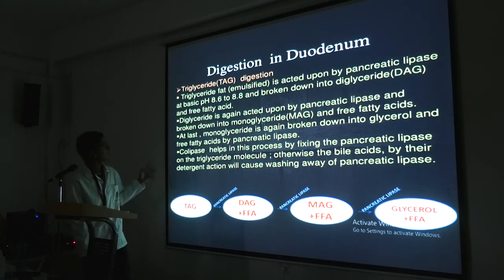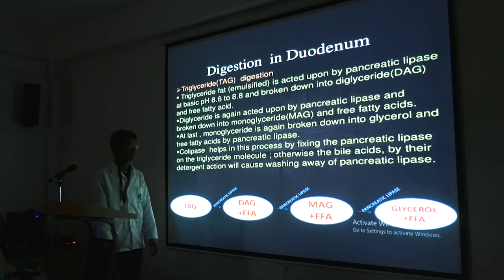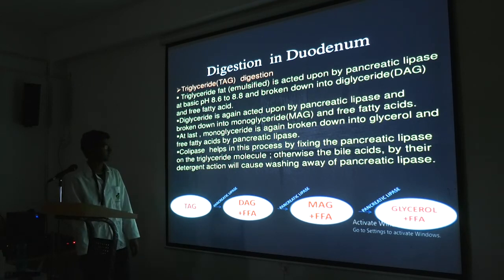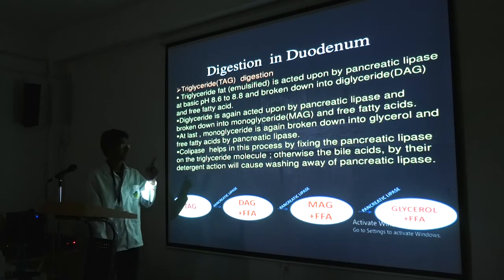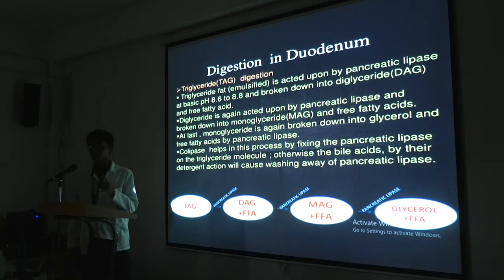We will see the complete mechanism in the next slide. There is also an enzyme, colipase, which helps by fixing the pancreatic lipase on the triglyceride molecule. Otherwise, the bile acid, by its detergent action, will wash away the pancreatic lipase. So bile acid helps the pancreatic lipase in lipid digestion.